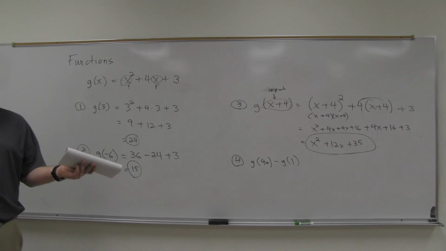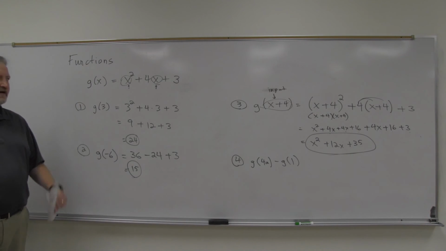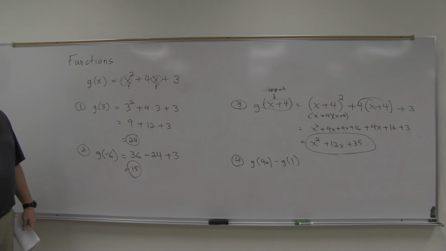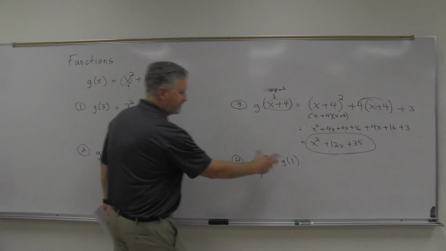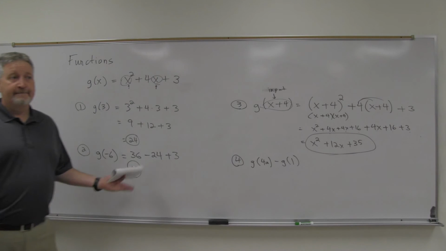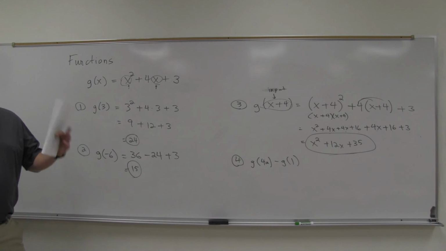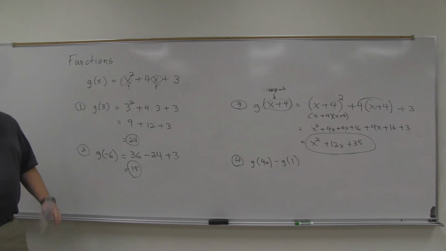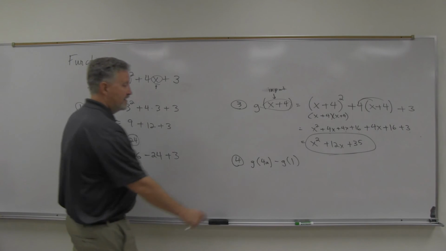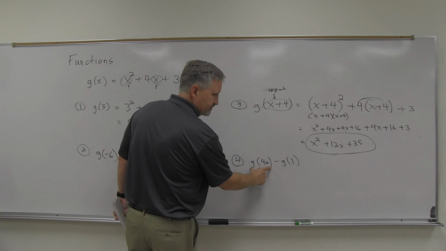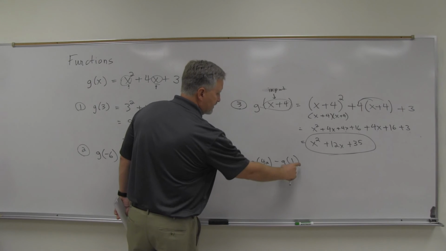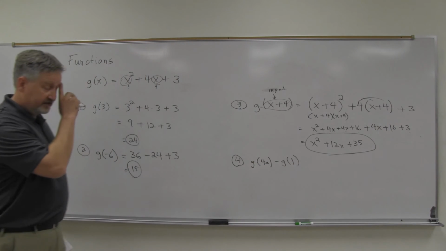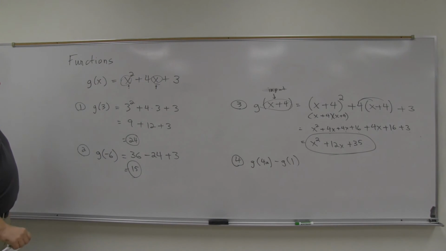Yeah, you can mix and match, put two function values together like that. This is two function values subtracted, so what are we going to do? You want to compute the function value for 4a and then subtract whatever the function value for 1 turns out to be in that output.